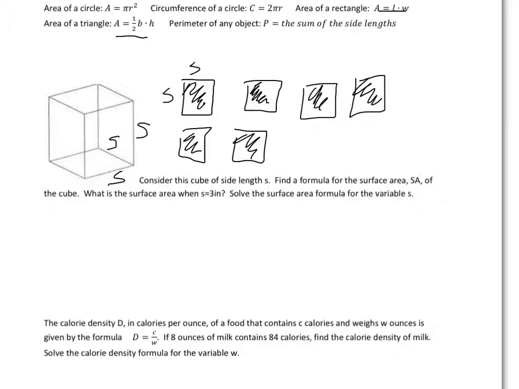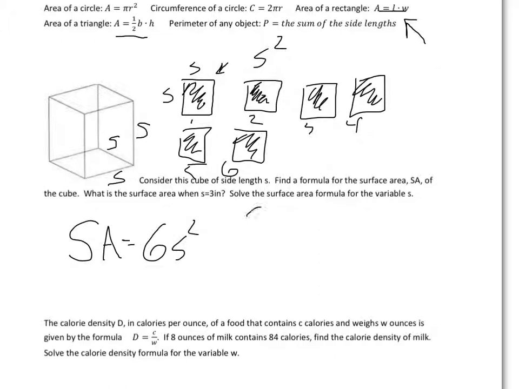The area of a rectangle, and a square is just a special rectangle where the length and width are the same, means the area of this individual face would be s squared. Since we have 6 of these, the surface area, SA, is going to be 6s squared, where s equals side length.